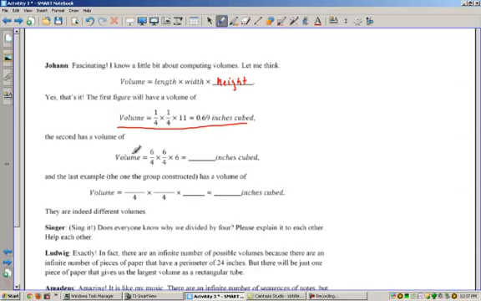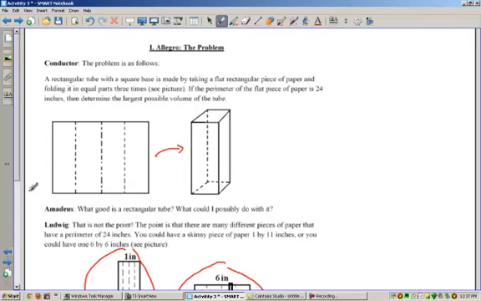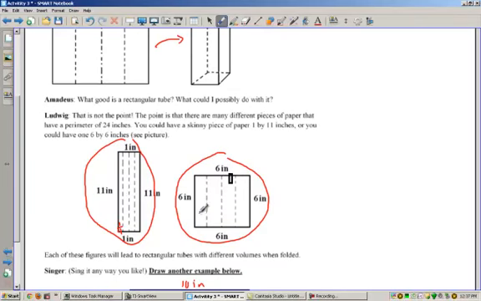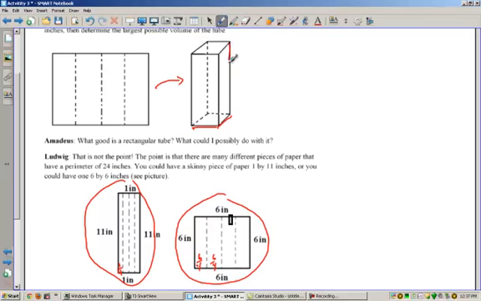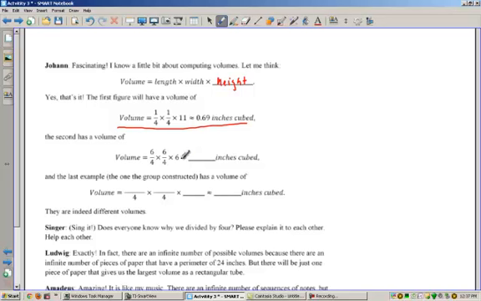In the second picture, the second one has a volume of 6/4, 6/4. Right, so if you look in the second picture, we have the length of this little piece is 6/4, times another 6/4. So you have 6/4 here, times 6/4 here, times the height. Okay, and the height is the same thing as this 6. So you have 6/4 times 6/4 times 6, and you get out 13.5 inches cubed.